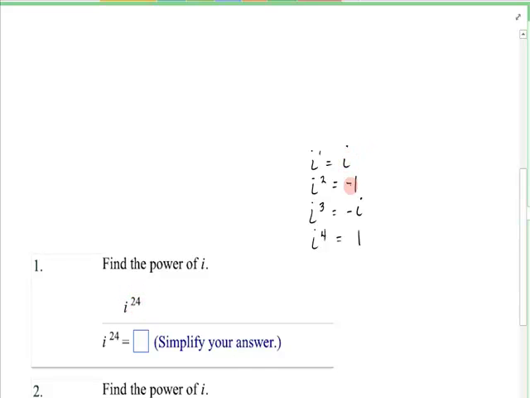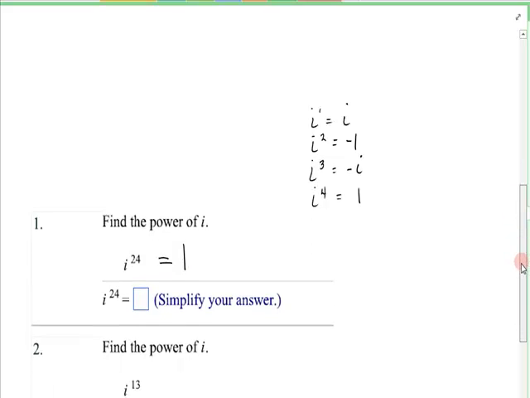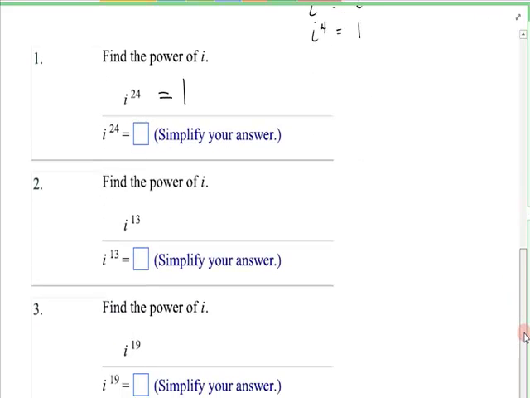So here's 1, 2, 3, 4, 5, 6, 7, 8, 9, 10, 11, 12, 13, 14, 15, 16, 17, 18, 19, 20, 21, 22, 23, 24. It's equal to 1. That would get rather tedious if you did that over and over. So let's look at another way to handle it.